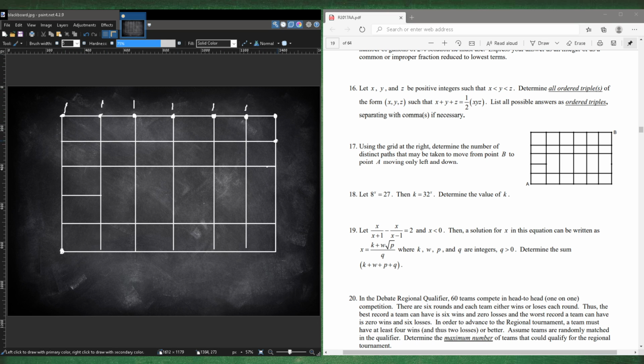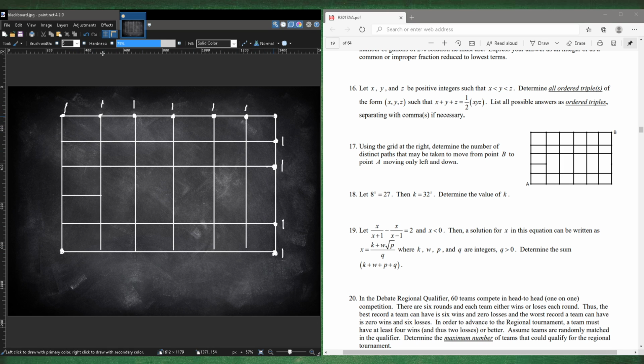What about how to get to this intersection? Well, you can only go down. So that's one way to get here. And how many ways can you get here? Well, one way, you just go 2 down. And then to get here, there's 3 down, and then 4 down, only one way here.